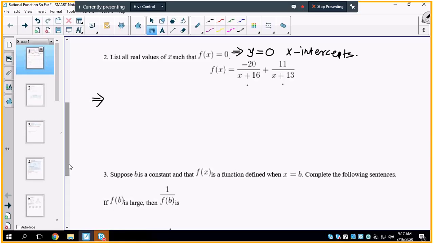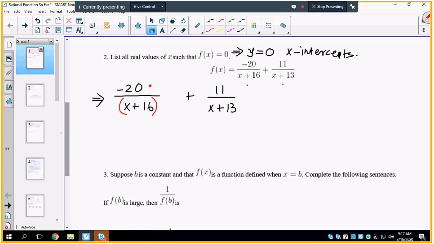It means you write down both of these rational expressions, negative 20 over x plus 16 plus separately write down 11 over x plus 13. And then in order to make sure that I have the common denominator, I'm going to multiply the denominator factor x plus 13 to both top and bottom of the first rational expression.